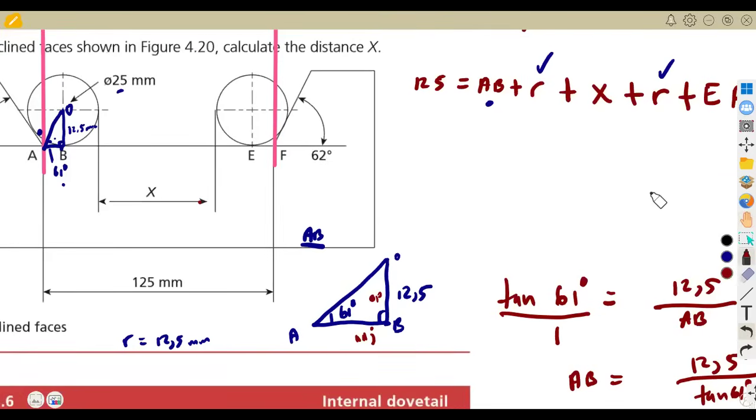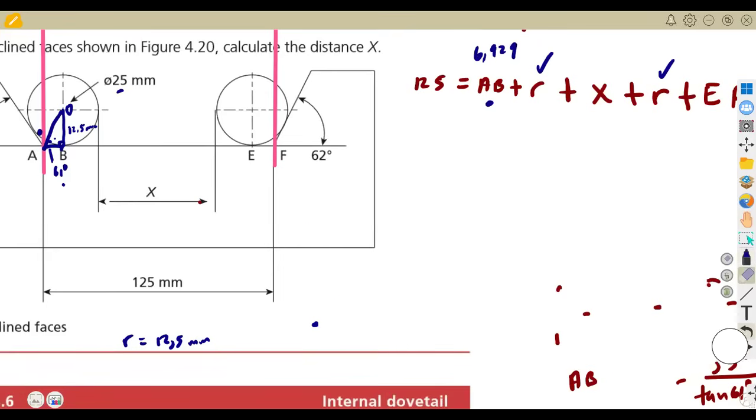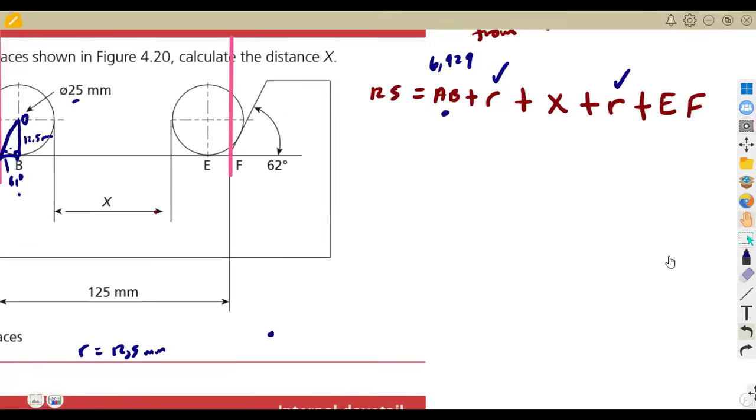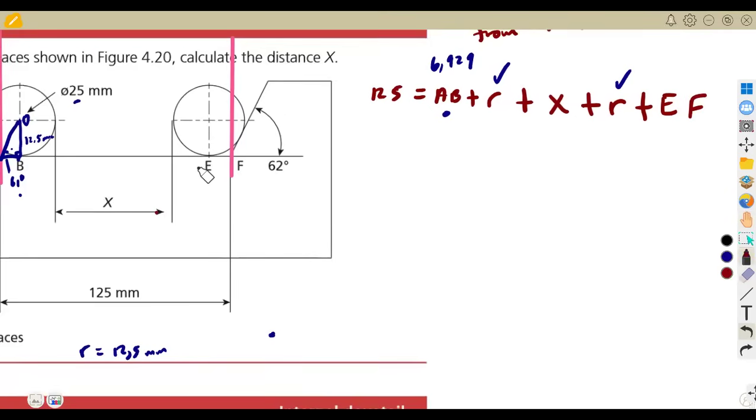All right. So as we saw, our AB is going to be 6.929. So you do the same thing to calculate EF. As we saw here, we are going to need EF from our distance. So how are we going to calculate EF? EF is the same thing again. We are just simply going to have a right angle triangle, just like the previous case. This is our radius, 12,5.